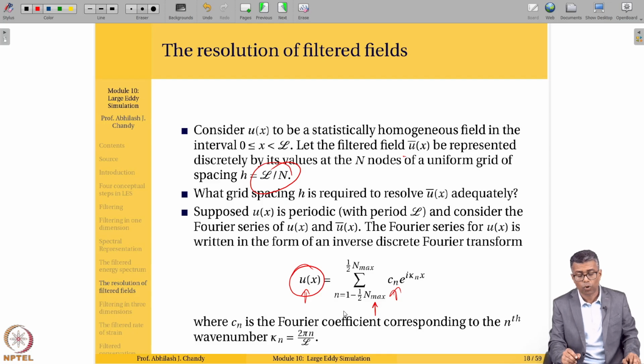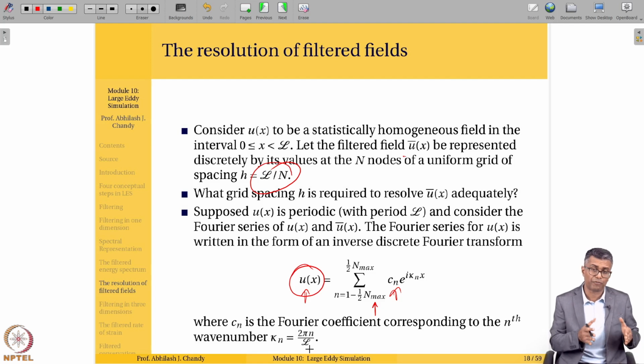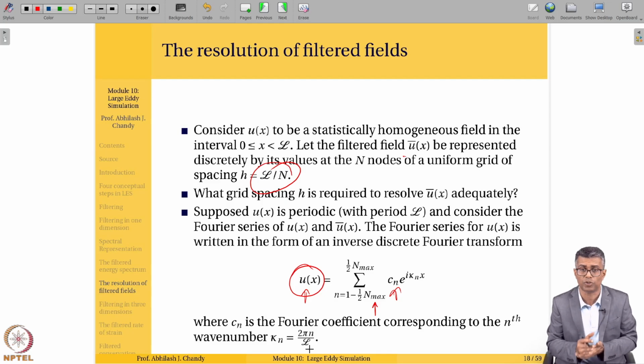So you are summing from 1 minus half N max to half N max. Cn is the Fourier coefficient corresponding to the nth wave number, so that the nth wave number kappa n is 2 pi n over L. We have seen this in DNS, except we did not use N max because there we only had DNS. Here we have a filtered field coming up soon, so we are considering a situation where if you were resolving all the length scales, then N max would be the maximum number of grid points. That is what you are considering.